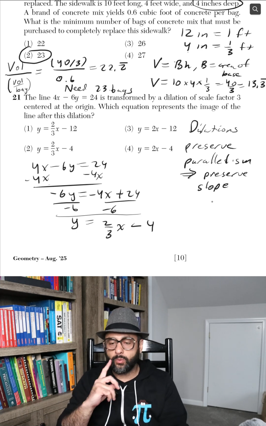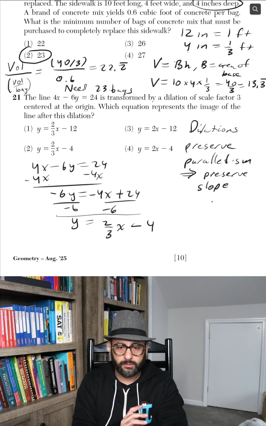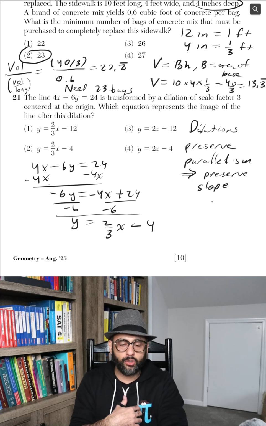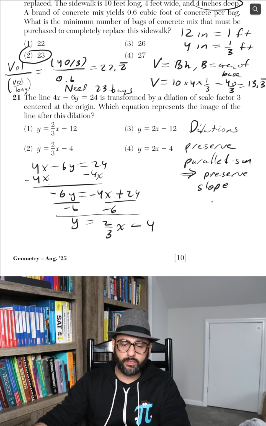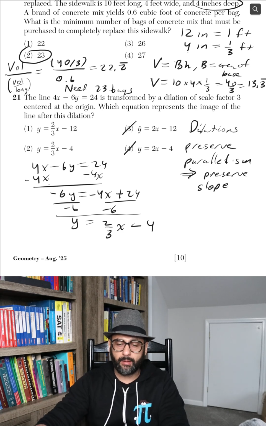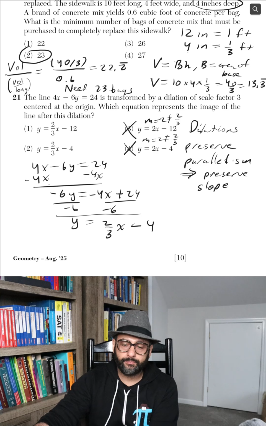That's the equation of the original line. Since the answer preserves parallelism, it can't be choice 3 or 4, because these have m equals 2, which is not equal to 2/3. They don't have the same slope.